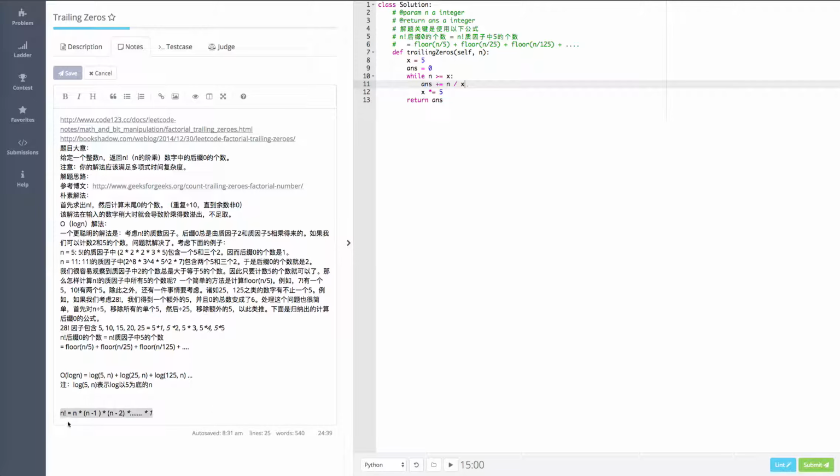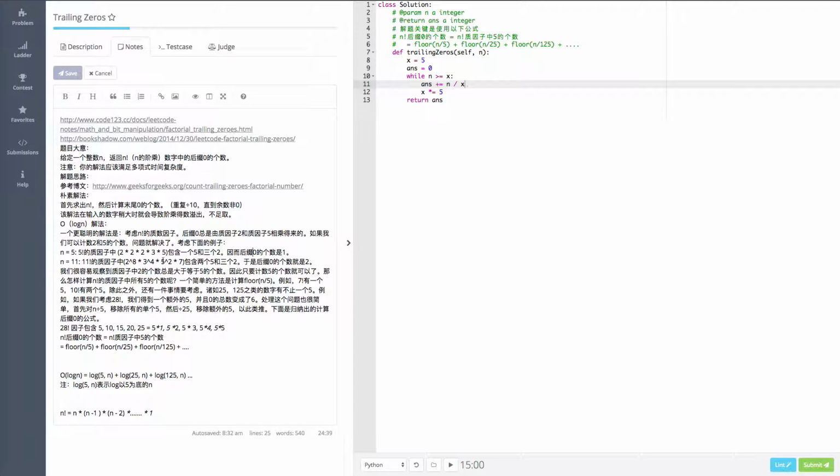So that's how we calculate n's factorial, and it all depends on that. This is one factor, this is one factor, and each can also have multiple factors. So it all depends on how many factors of 2 and how many factors of 5 you have. When you have one pair of 5 and 2, you get one 0. If you get multiple pairs of 5 and 2, you get multiple 0s.